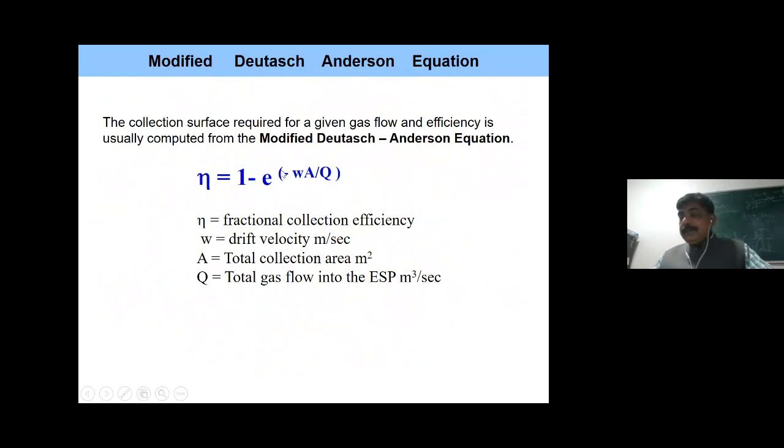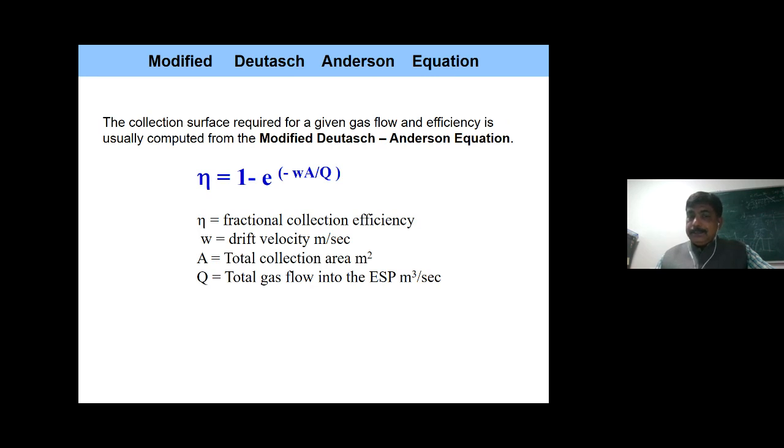What equation or mathematics is required? This is the modified Deutsch-Anderson equation: eta equals 1 minus e power minus WA by Q. Here the most important parameter is drift velocity. Drift velocity means the velocity by which particles move from the discharge electrode to the collection plate.